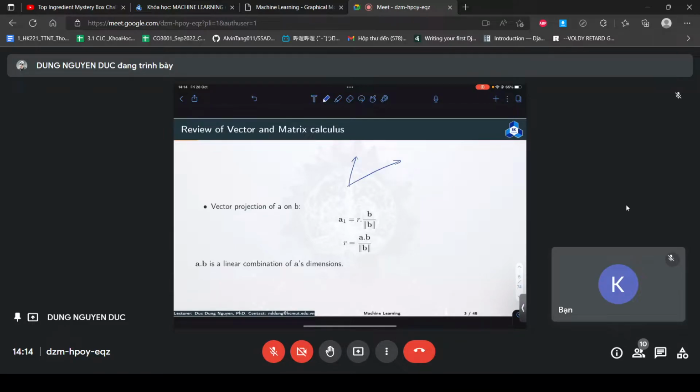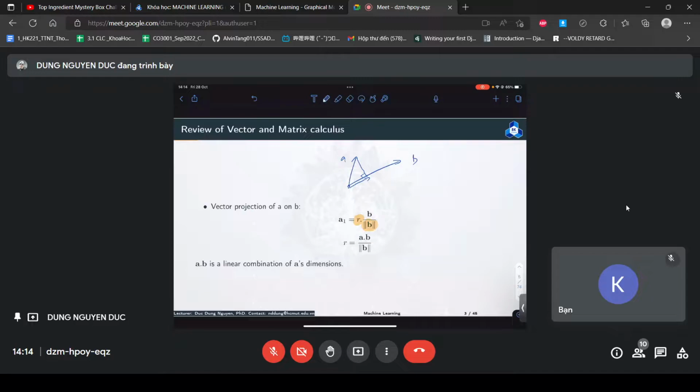This is A and this is B. So the projection of A onto B is something like this. It's going to be in the direction of B, but B should be normalized by dividing by the norm of B.